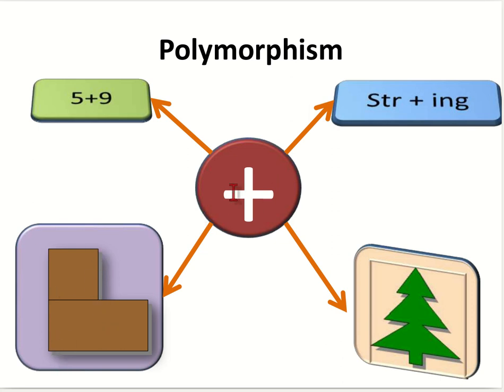If I apply this plus operator in between these shapes, it will produce another shape. And here also, different triangles can be concatenated and will produce the result. So this is our polymorphism: the same thing but different functionalities.